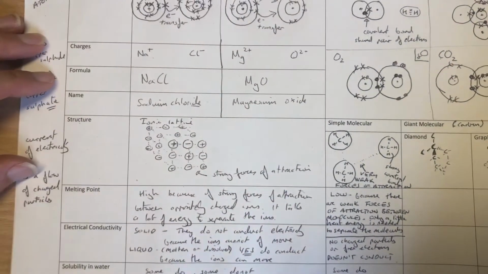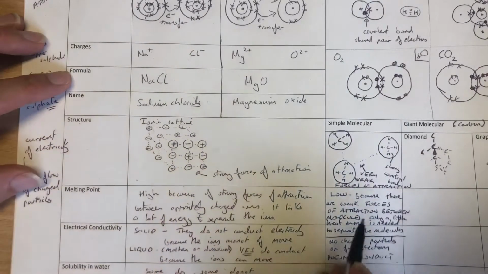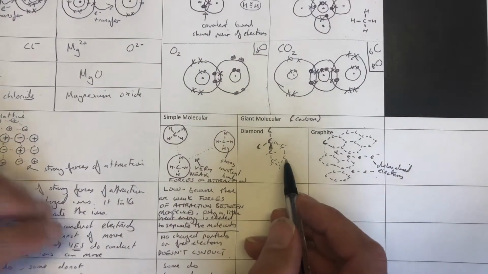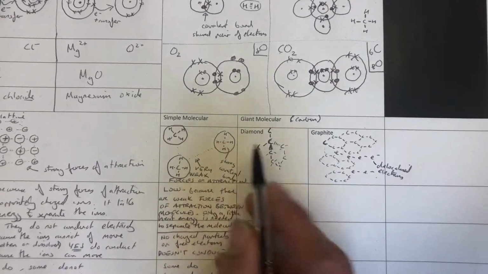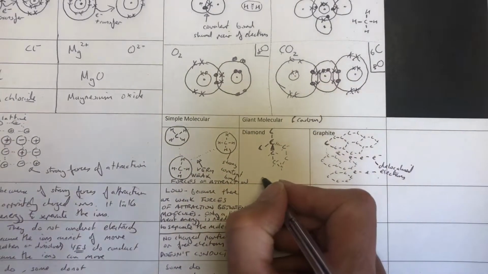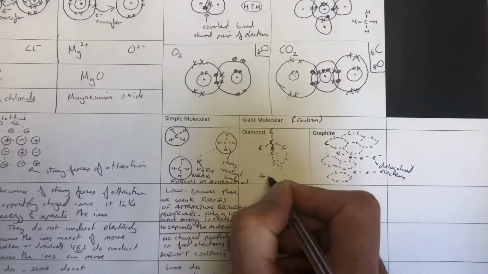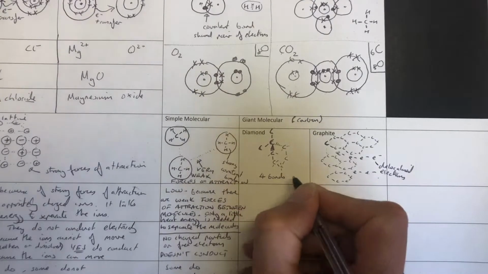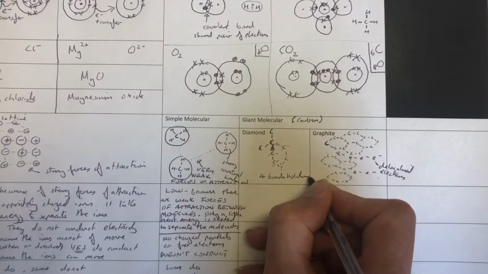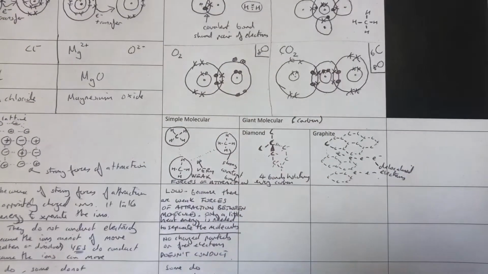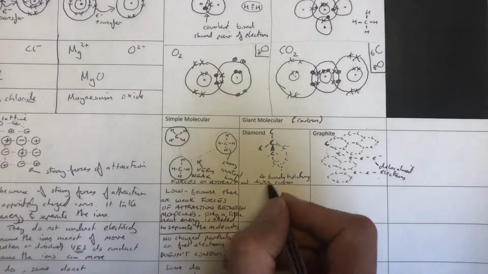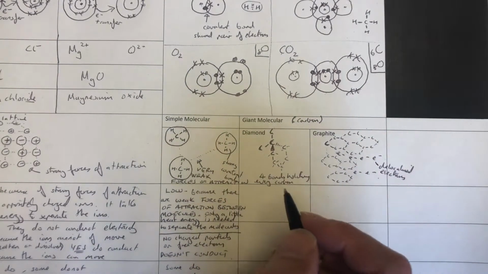So next one, melting point is our next one. Well, what I said a moment ago, if we go back to simple molecules, is there were strong covalent bonds within the molecule. Okay, diamond here, there are 4 bonds holding every carbon, which means if we want to melt it, we have to break every single one of those strong bonds.